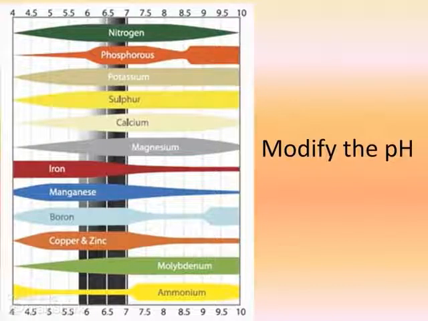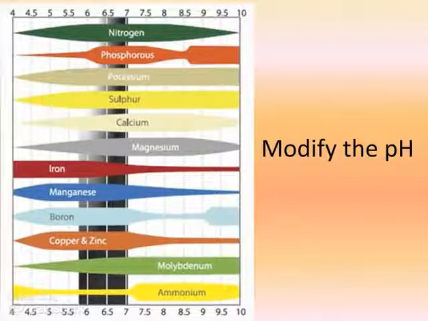Modifying your pH. Plants are only able to use minerals and nutrients when the pH is within a certain range, usually between 6 and 7. This chart shows the availability of minerals at different pH levels. The width of the colored bars indicates how available the mineral is at a certain pH. For example, look at the orange phosphorus bar.